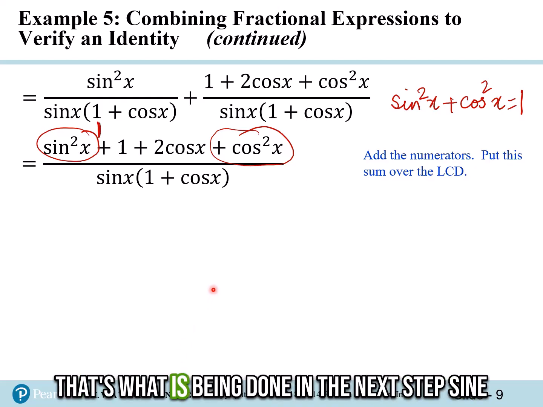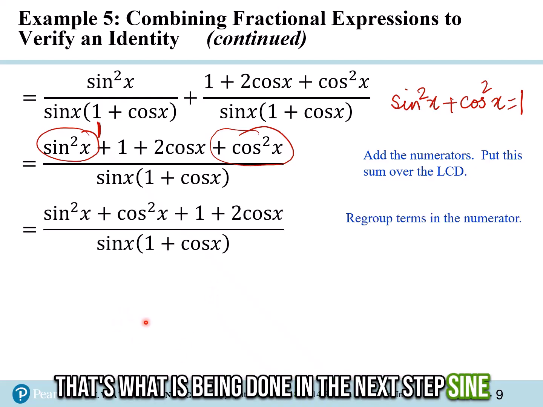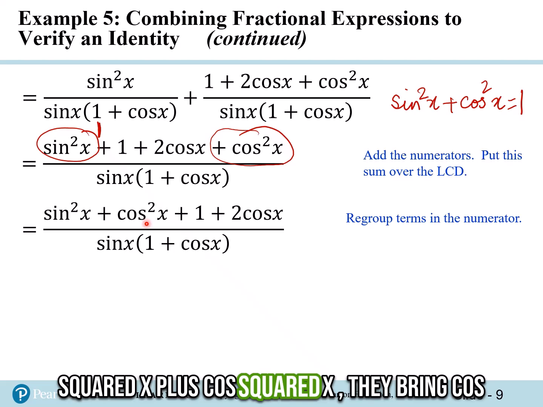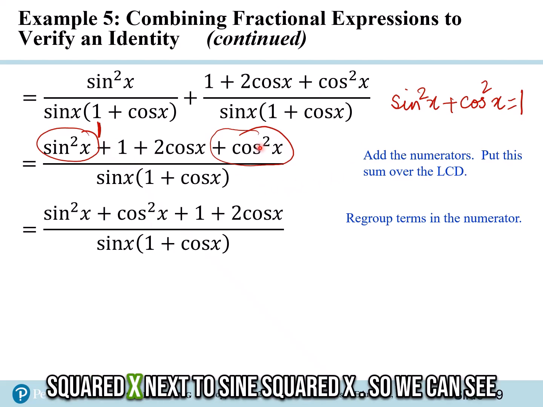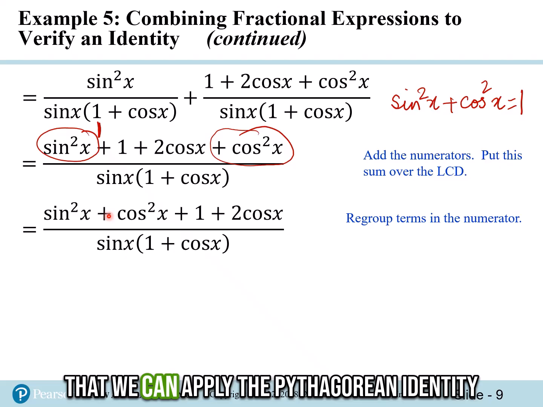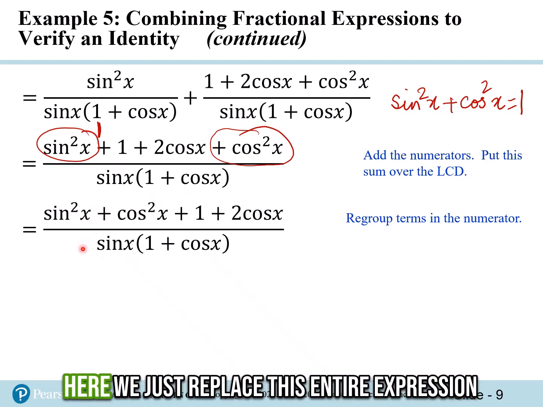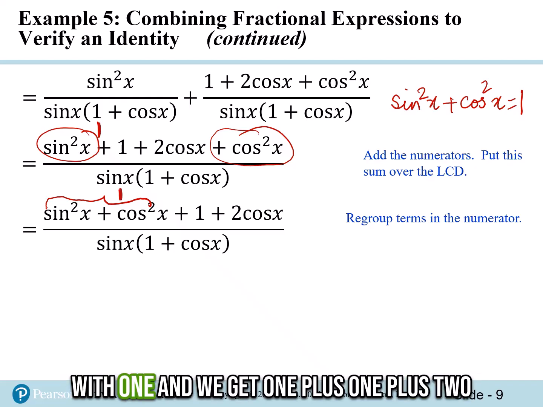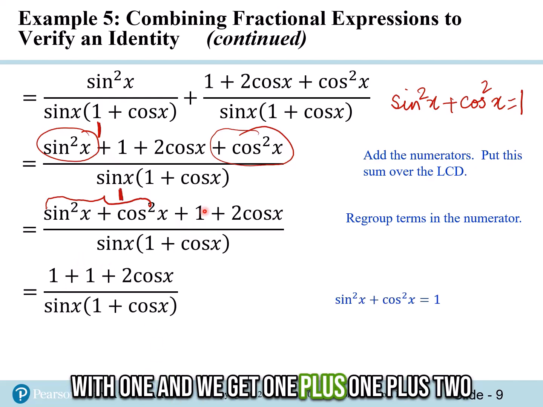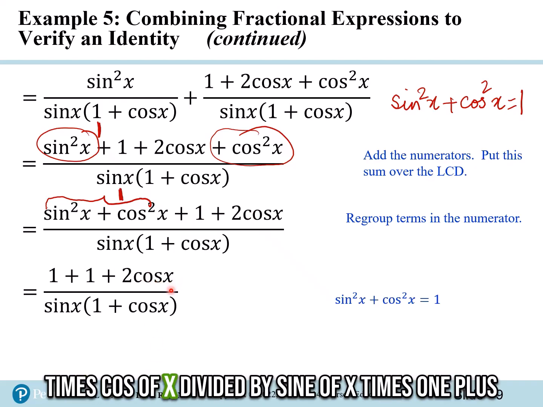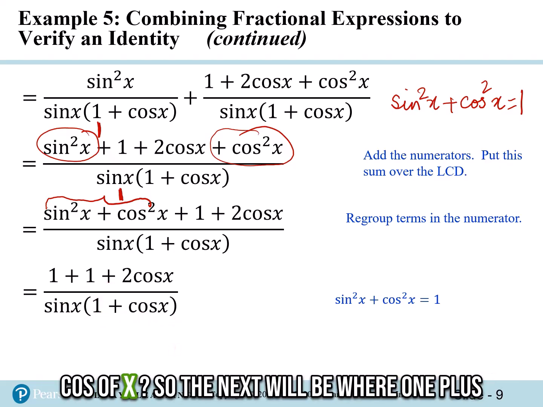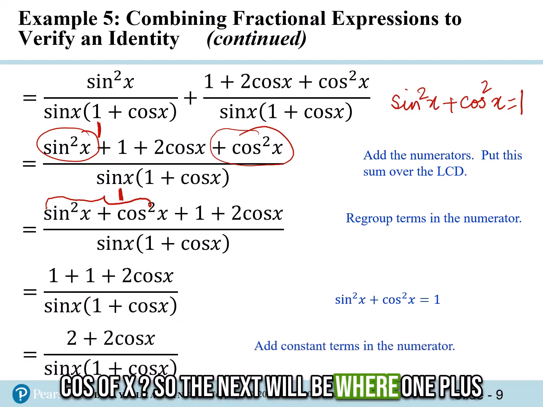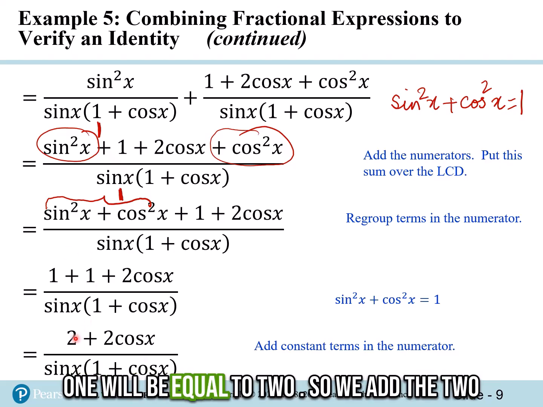And that's what is being done in the next step. They bring cos squared x next to sine squared x, so we can see that we can apply the Pythagorean identity here. Just replace this entire expression with 1 and we get 1 plus 2 times cos of x divided by sine of x times 1 plus cos of x. So the next step is where 1 plus 1 will be equal to 2.